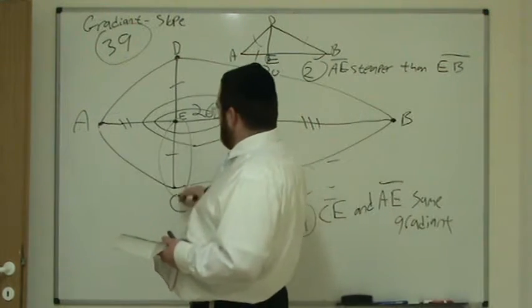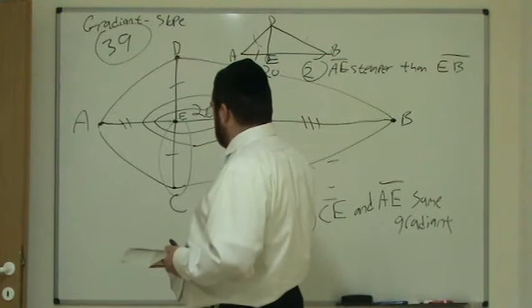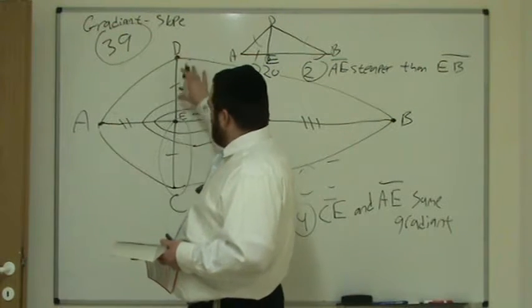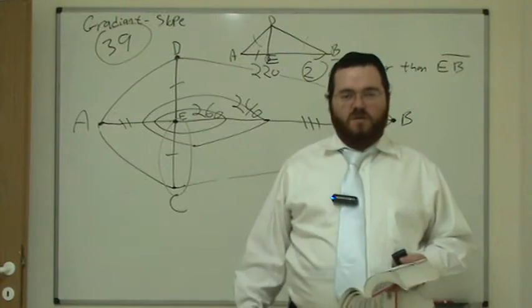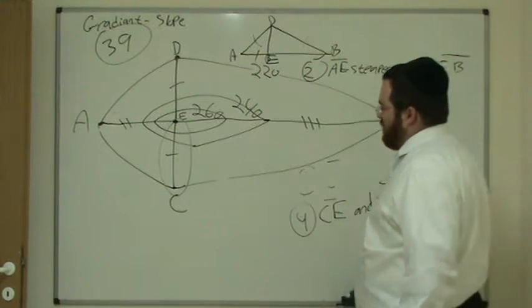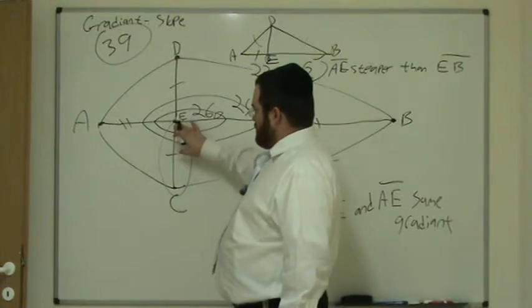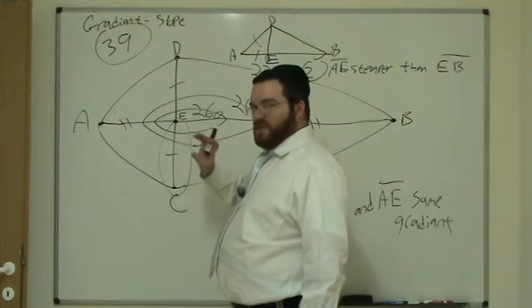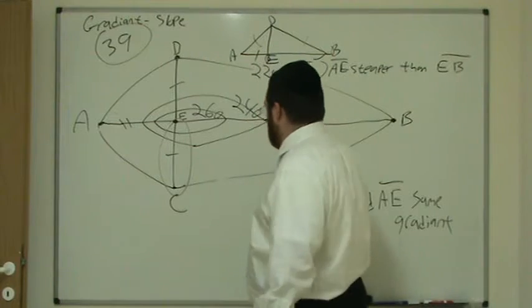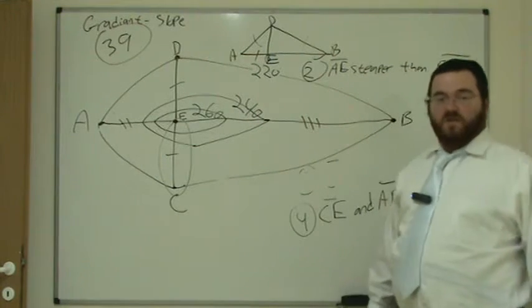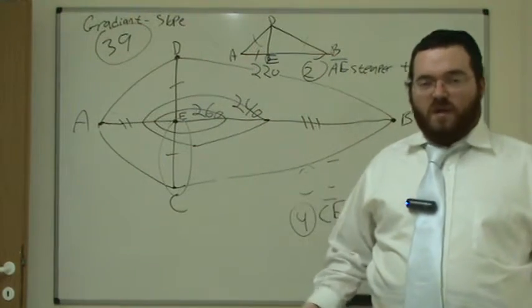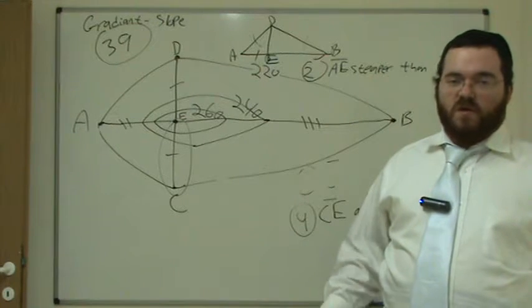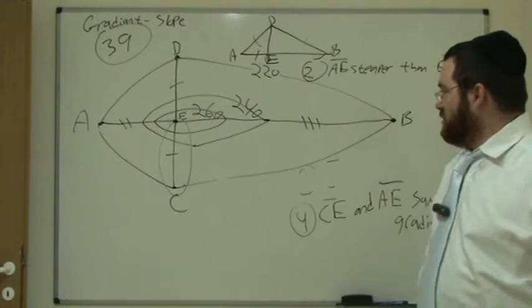CE and AE do not have the same gradient, because if you look at the original region, CE is shorter. C is closer to E in measurement than E is to A. And if you couldn't figure it out, they wouldn't even have given you that question.